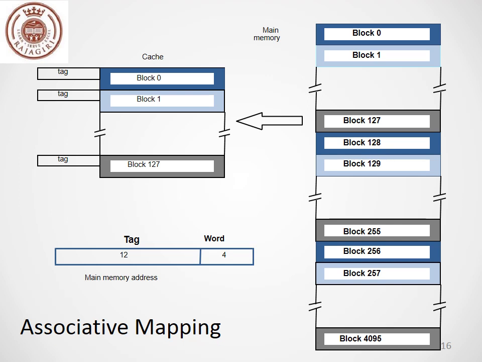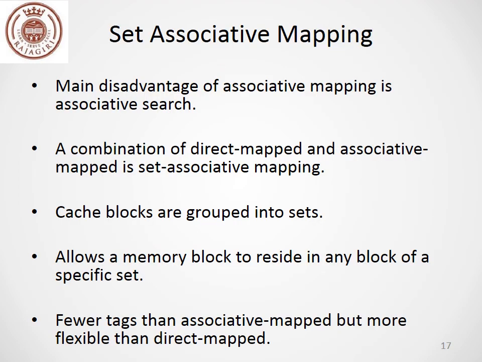So 12 bits for tag and 4 bits for word. So what is the disadvantage of associative mapping? The main disadvantage is that the search time involved to identify where a particular block is in the cache is much more compared to direct mapping. You have to search through the full cache to find the corresponding entry.